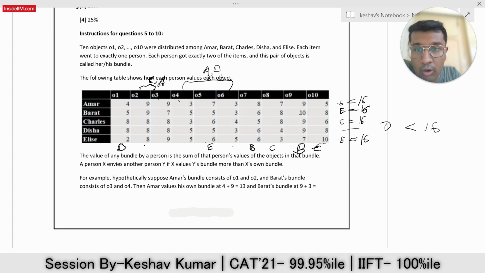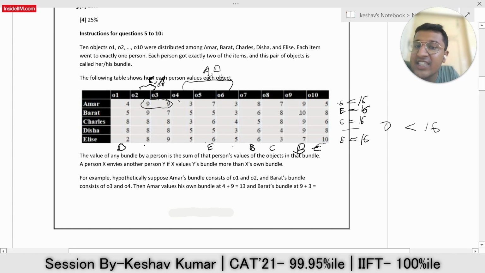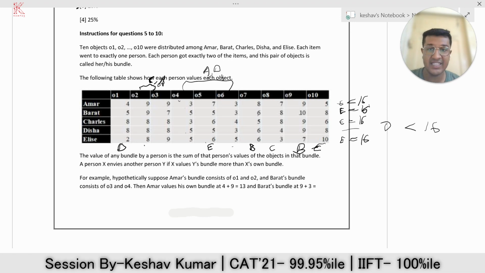Okay, so if A gets either O2 or O3, his value of that bundle will be 9. Disha has the same value for that bundle, which is 8, so that doesn't matter. But if A gets O4, Disha will value that bundle as 5, and the total value for Disha of O4 plus O2 or O3 is 13, and for A it is 12.